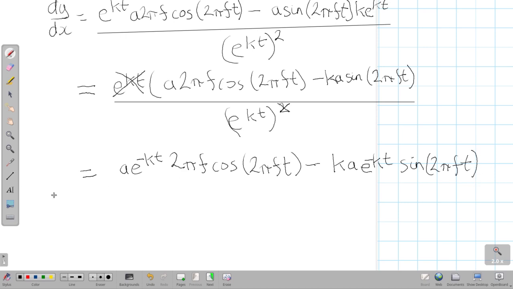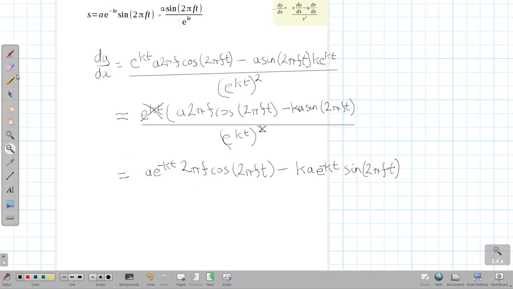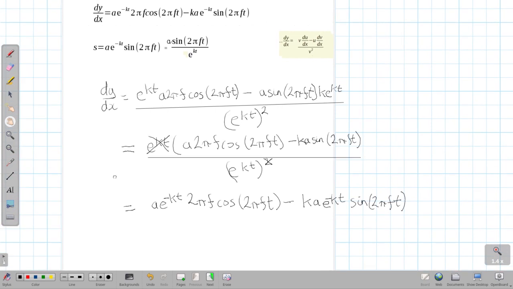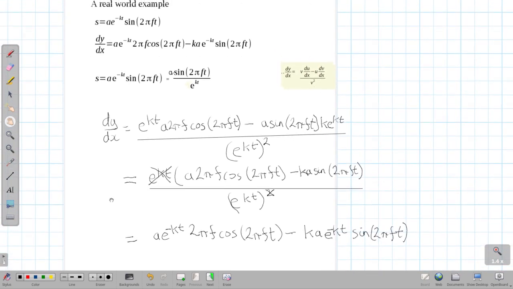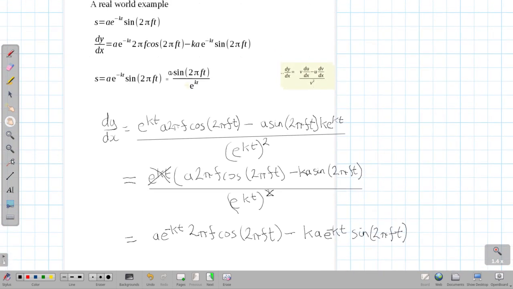Okay, let's have a check. I'm just going to zoom out a little bit so we can see more. Shuffle things a little bit. If I bring that down, let's have a look at what we've got. You can probably see it straight away, but here we've got a e to the minus kt, which is the same as that there. Then we've got this sine 2 pi ft.